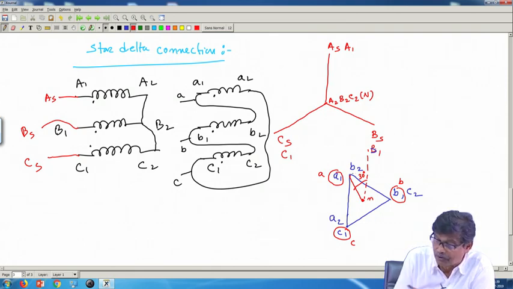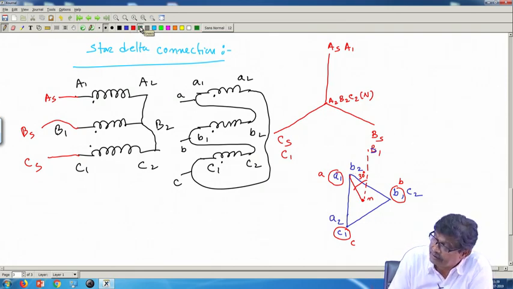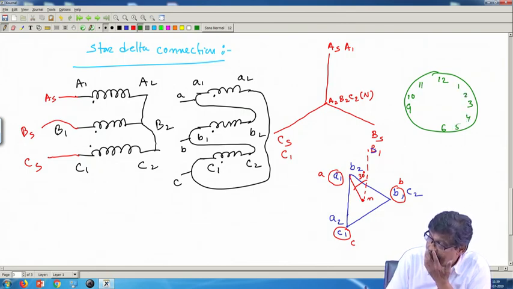So, in terms of clock it will become this: 12, 6, 3, 9, 10, 11, etc. 1, 2, 4, 5, 7, 8. Okay.